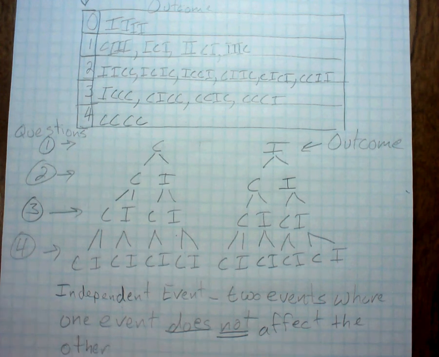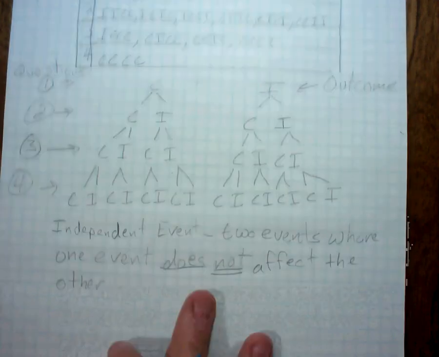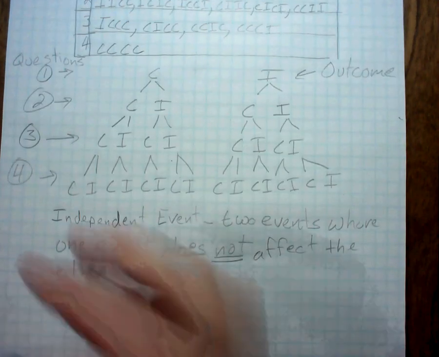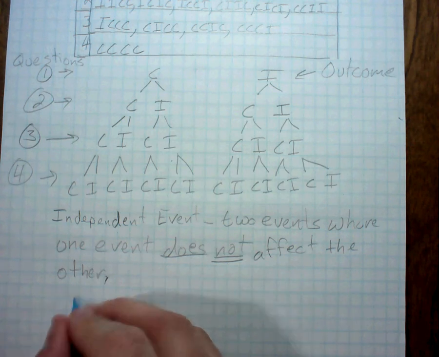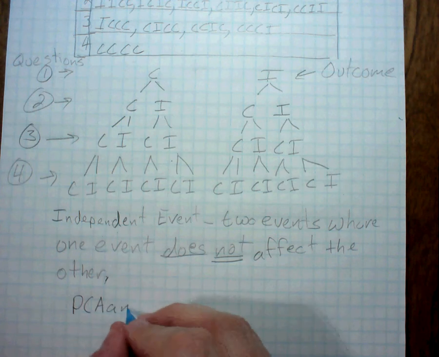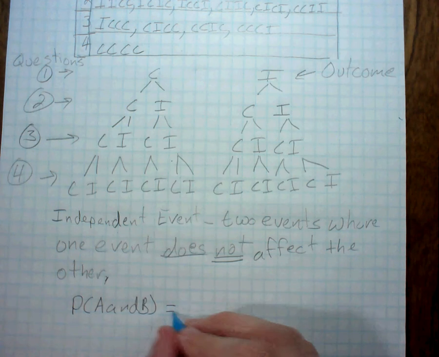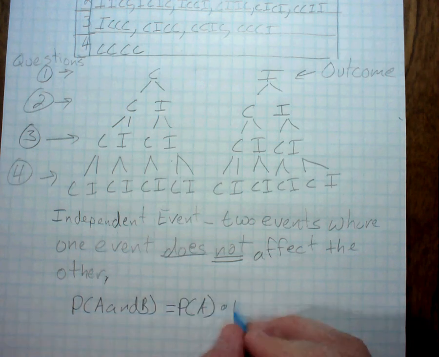This is with regards to probability. If I have the probability of an event A occurring and the probability of an event B occurring, then the probability of A and B should just be the probability of A times the probability of B.